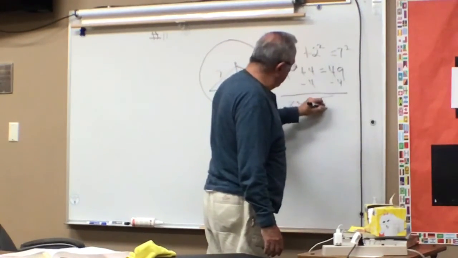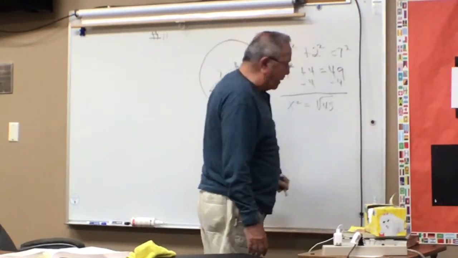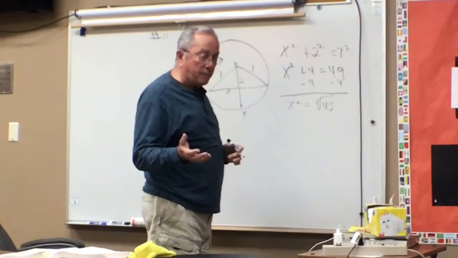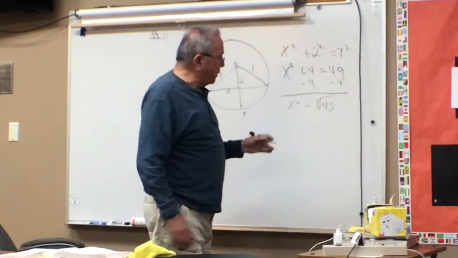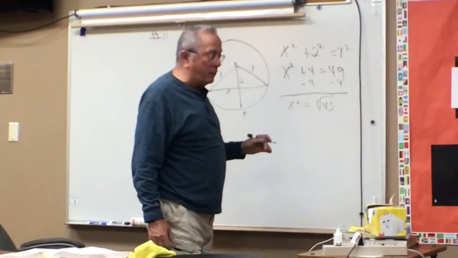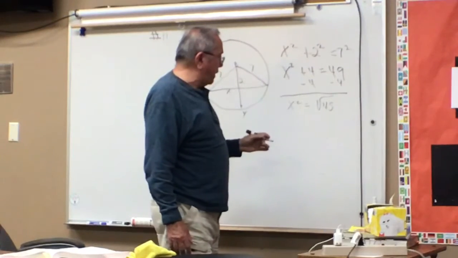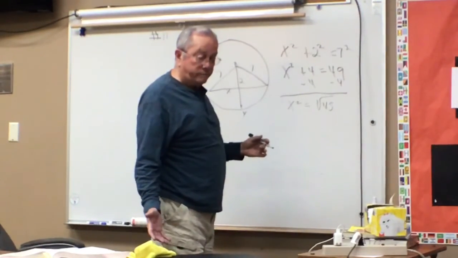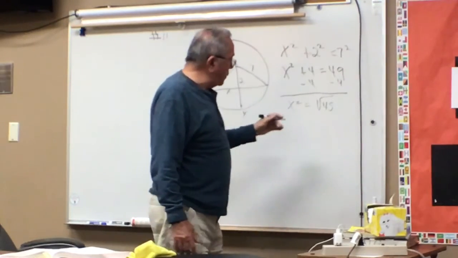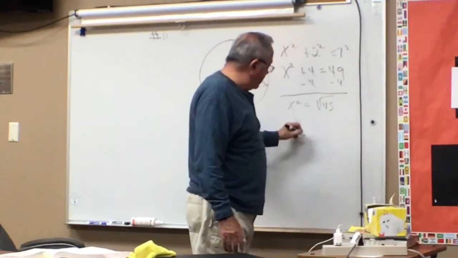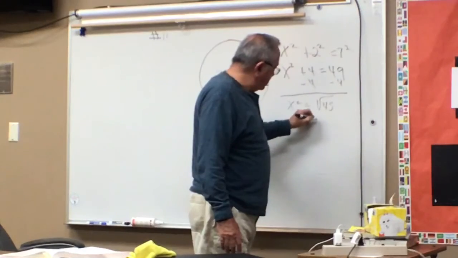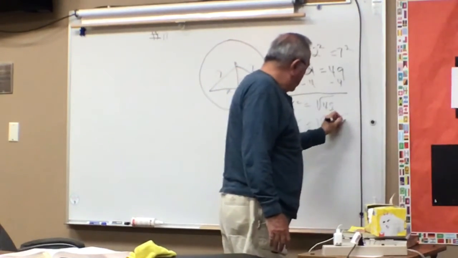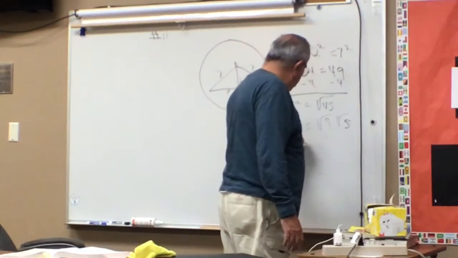Square root of 45. Now, here's one nice thing. I'm not going to split hairs. You can take the square root of 45, which is going to be about 6.8 if you work it out. Or some people in the calculator are going to have this. It's going to be the square root of 9 times the square root of 5.